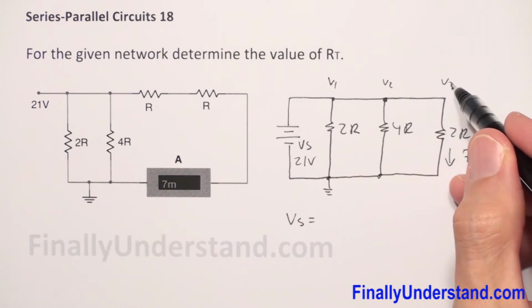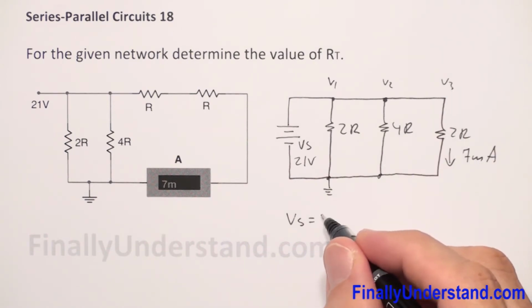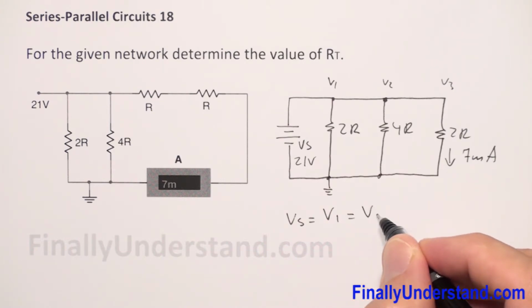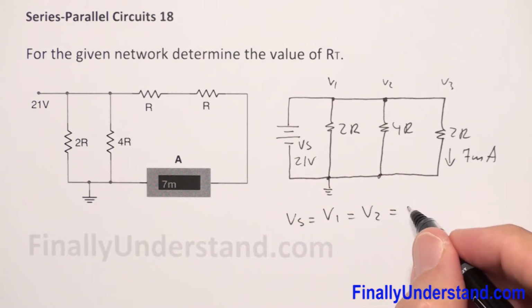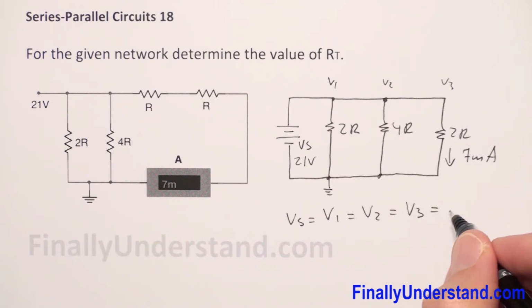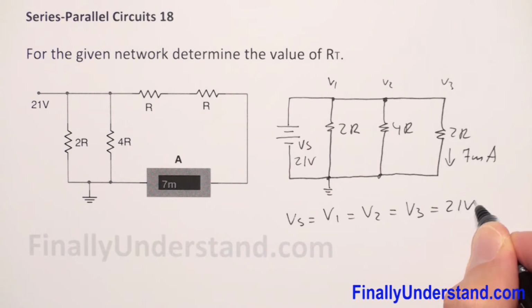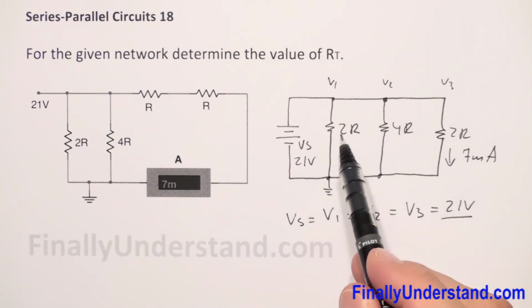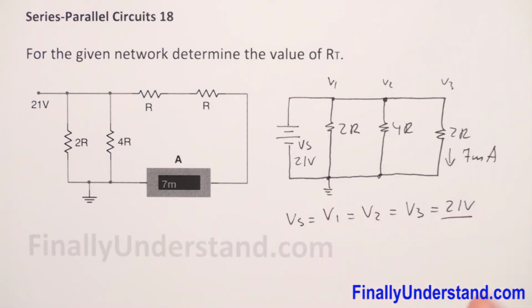So the voltage source is equal to the voltage across resistor 1, resistor 2, and also resistor 3, and this is equal to 21 volts.